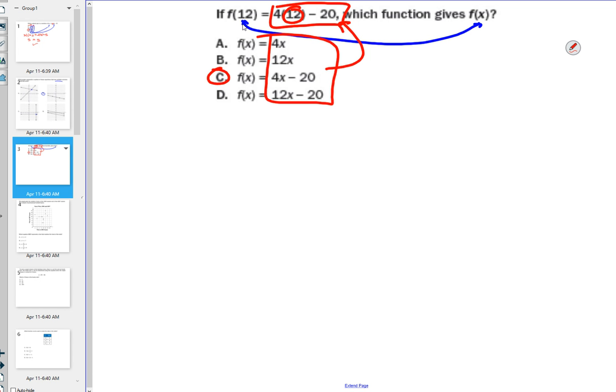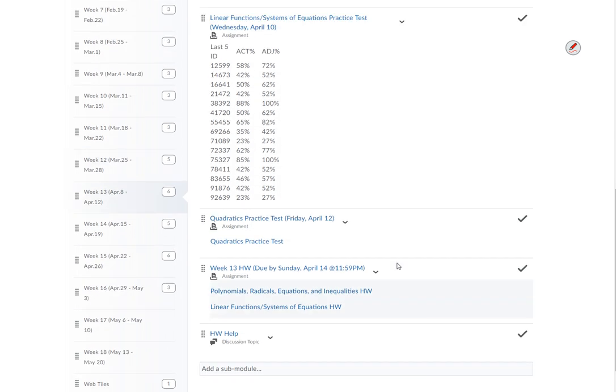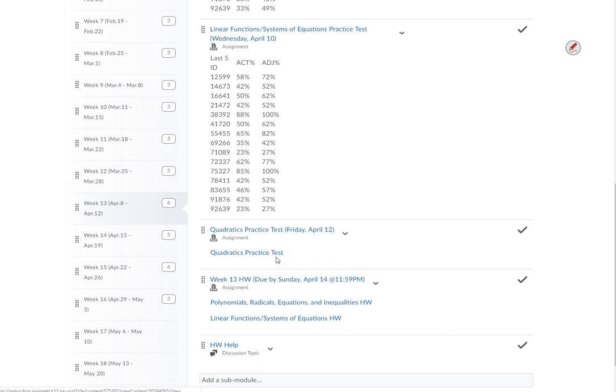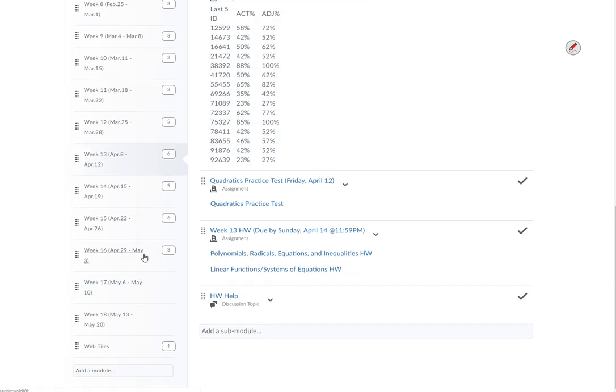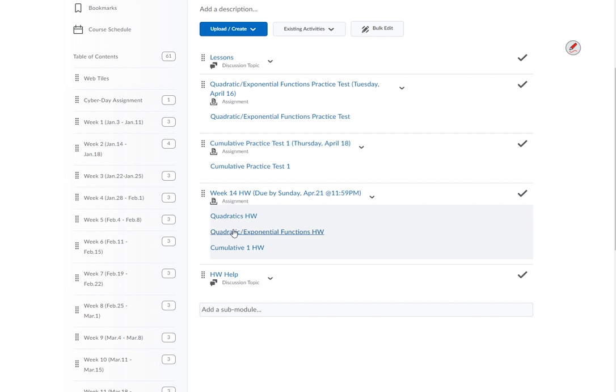The point I'm trying to make is, you have a practice test tomorrow, and there's a homework assignment that goes with it. Tomorrow's practice test is going to be on quadratics. Even though you don't see a quadratics homework assignment here, if you go to next week, week 14, here's your quadratics homework assignment.